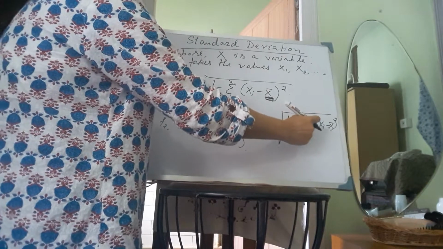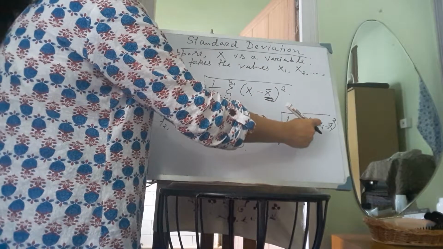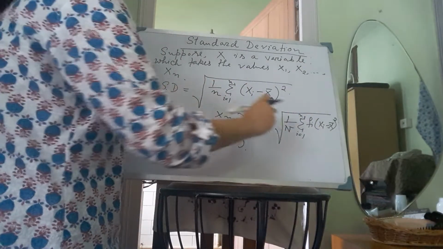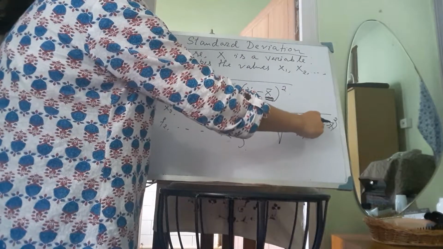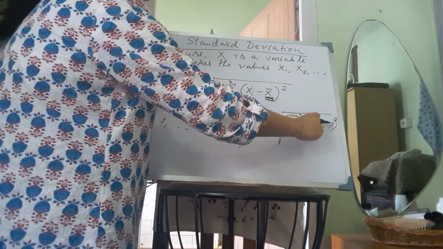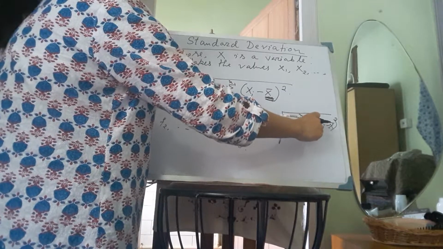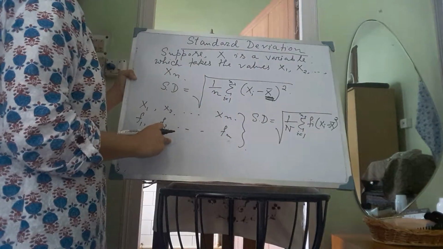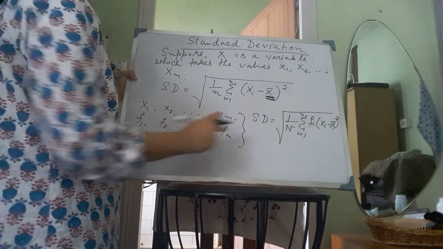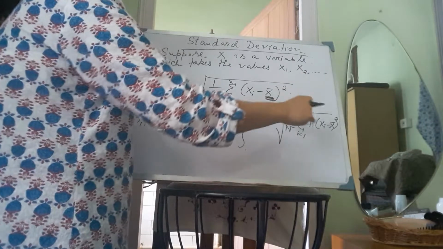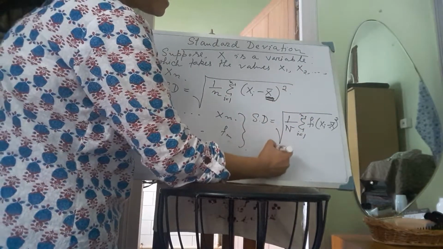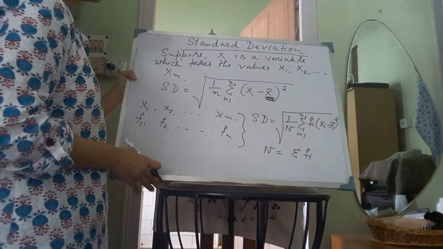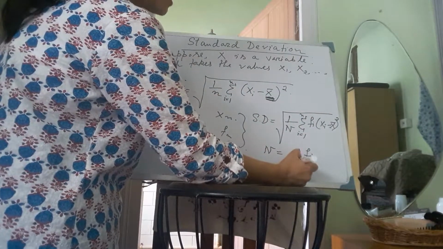Here fi is the class frequency, or the corresponding frequency, and xi is the variable. So the ith observation is xi and the frequency corresponding to the ith observation is fi. If we consider data with frequency, then standard deviation takes this formula.